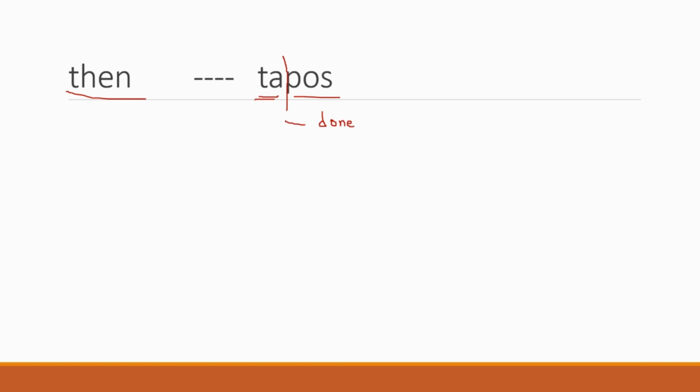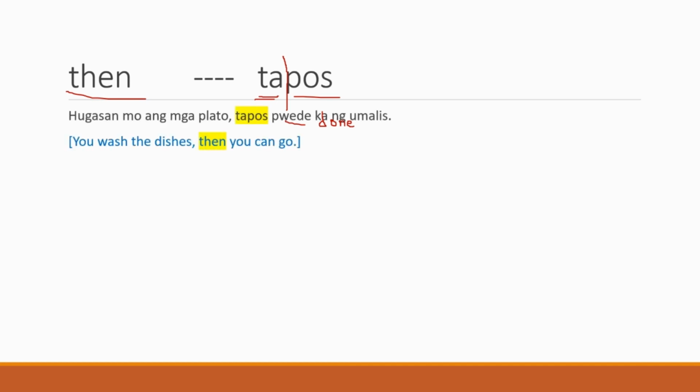Okay, let's have an example. Hugasan mo ang mga plato. Tapos, pwede ka nang umalis. Okay? Hugasan means wash. Hugasan mo, you wash. Ang mga plato, dishes or plates.